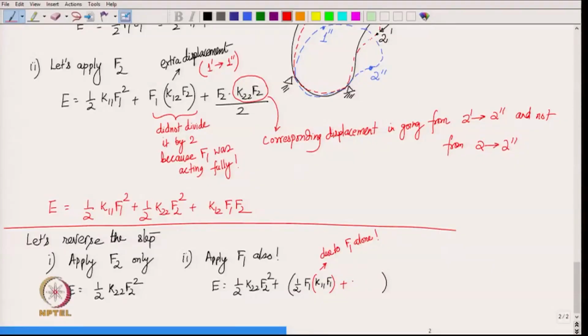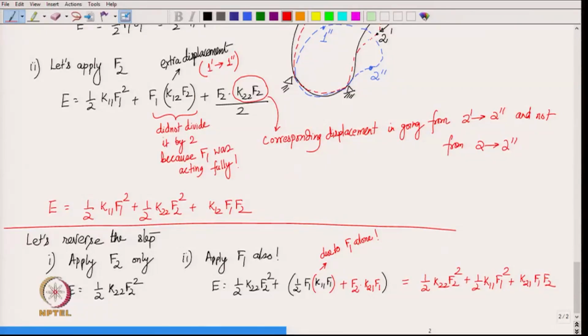So, the additional work done by F2 would then be simply F2 times the extra displacement at point 2 due to F1, which is F2 times K21 into F1, and there is no half here again, right, because F2 is acting fully. So, what is the total energy here? It is half K22 F2 square plus half K11 F1 square plus K21 into F1 into F2.